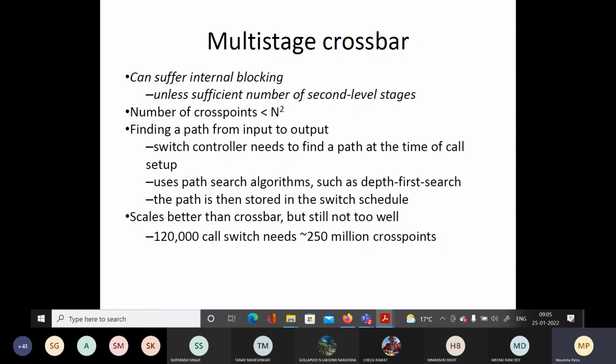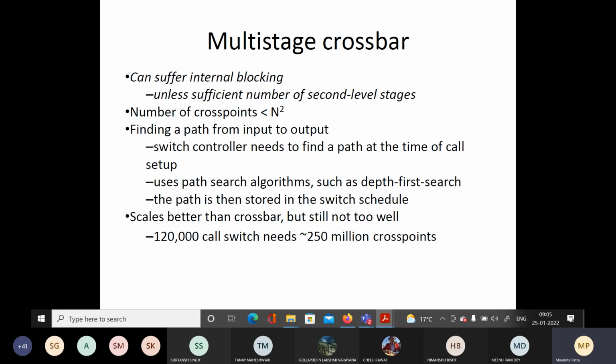Now with that, we came up to multi-stage crossbar, and we talked about a three-stage crossbar where it was shown to you how to create this multi-stage crossbar, and we finally found out that the multi-stage crossbar actually suffers from internal blocking.